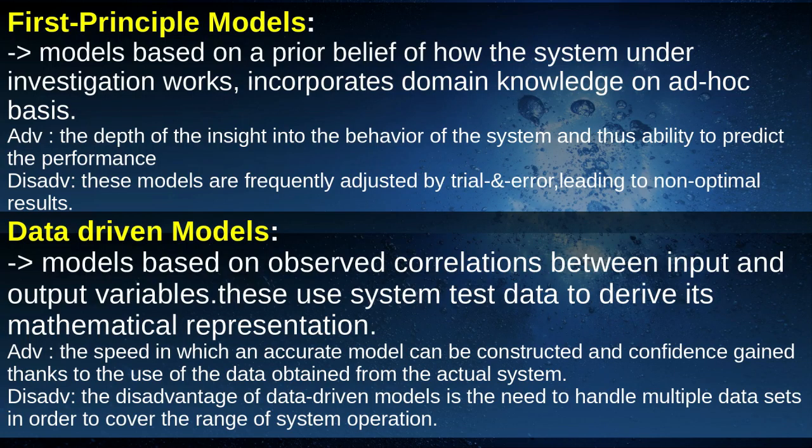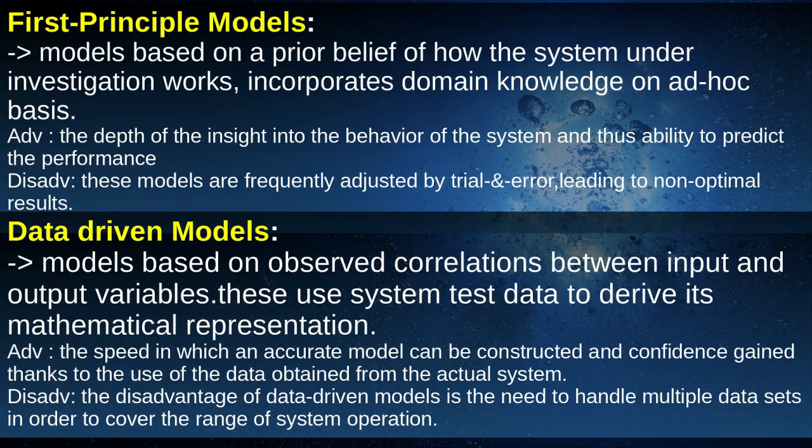The advantage of the former approach is the depth of the insight into the behavior of the system, thus the ability to predict the performance, while the advantage of the latter is the speed in which the accurate model can be constructed and confidence gained thanks to the use of the data obtained from the actual system.